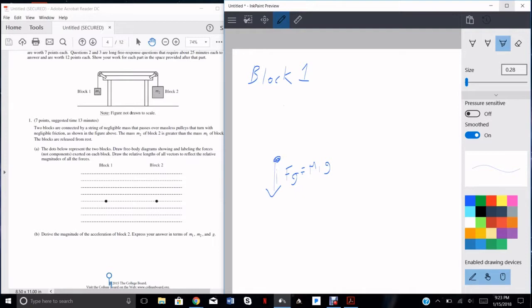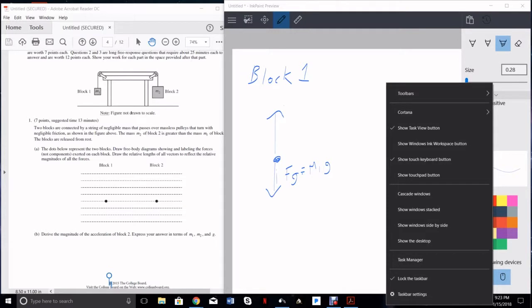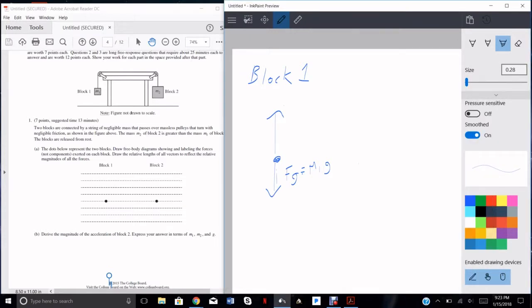The other force exerted on mass 1 is the force of tension on the rope. The force of tension has to be greater than the force of gravity on mass 1. We know this because mass 1 is moving in the upwards direction, because the force of gravity of mass 2 is greater than the force of gravity of mass 1.